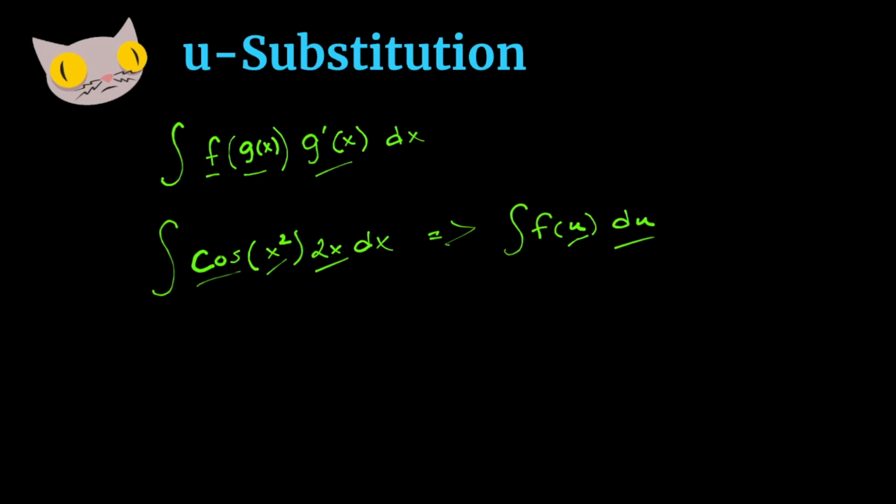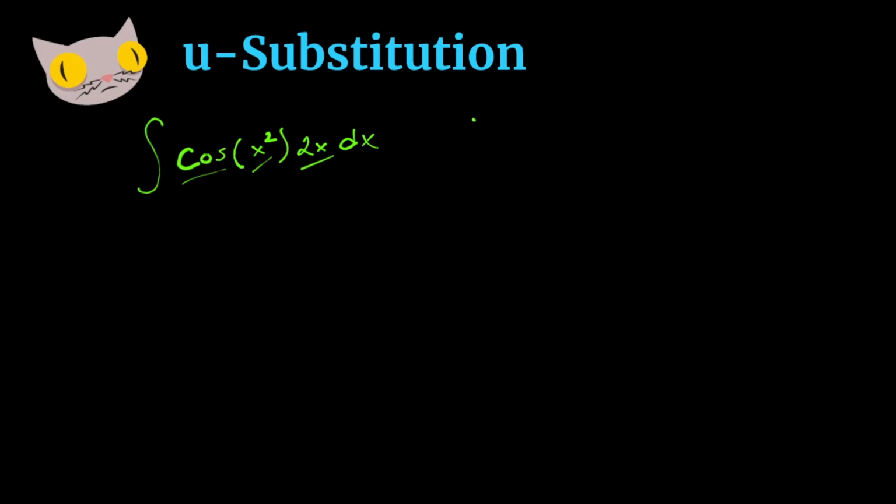Let's do some examples. Let's do this one. So we'll set x squared to u, and then our 2x dx to du. Okay, now all we have to do is integrate cosine of u with respect to u.